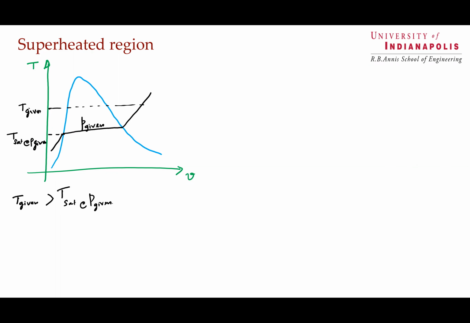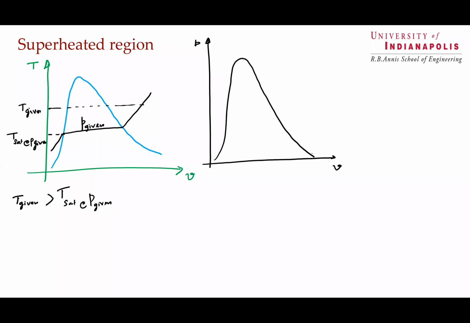And the other scenario for being in the superheated region is that your pressure is lower than the saturation pressure at the given temperature. For example, I can draw a PV diagram. You are given a temperature.